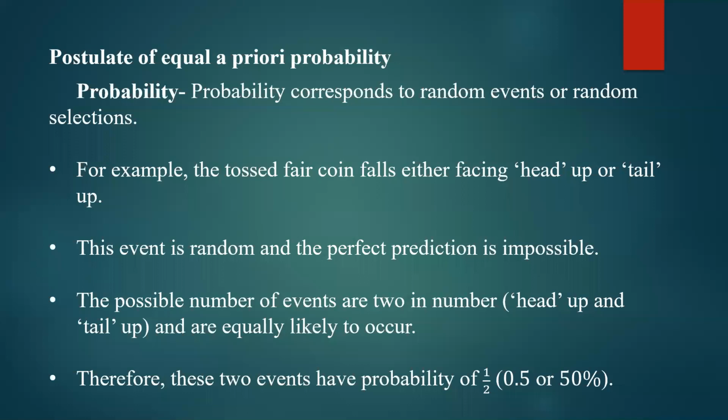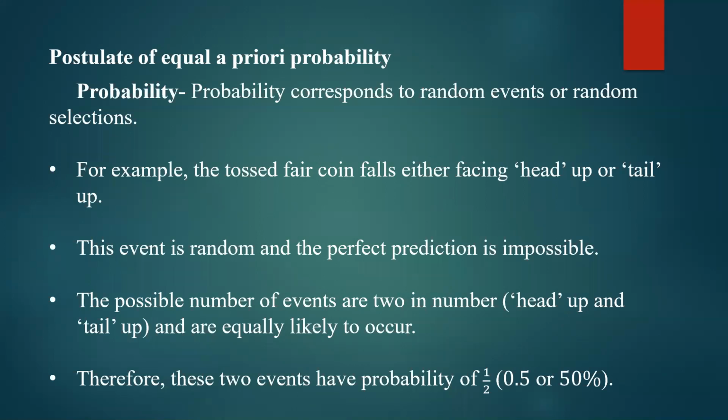It is a 50-50 possibility. Therefore, these 2 events have a probability of half. Showing the head has probability half, showing the tail has probability half. So the probability is 0.5, or 50 percent. Showing the head has 50% probability, and showing the tail has 50% probability.